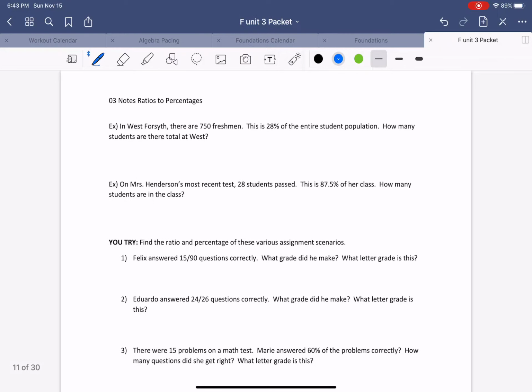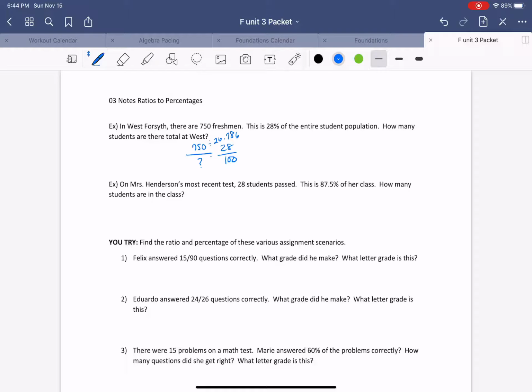In West Forsyth, there are 750 freshmen. This is 28% of the entire student population. How many students are there total at West? So we have 750 over some number is equal to 28 over 100. So 750 divided by 26.786, I'm rounding, is 28.